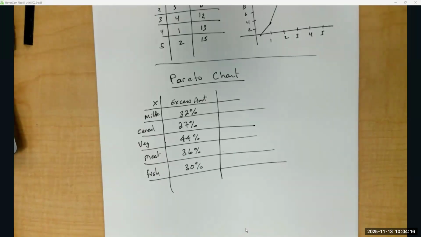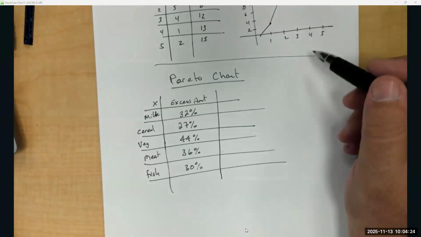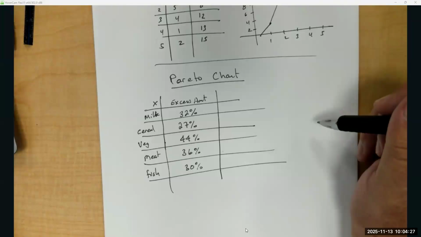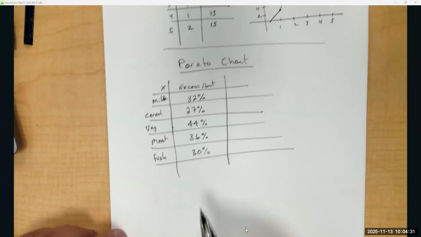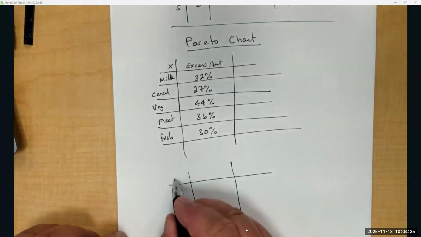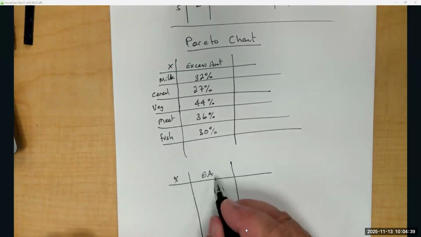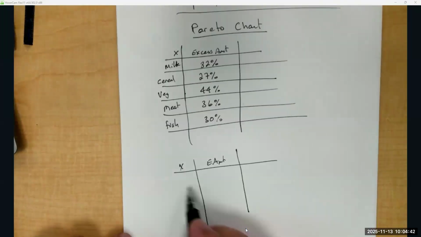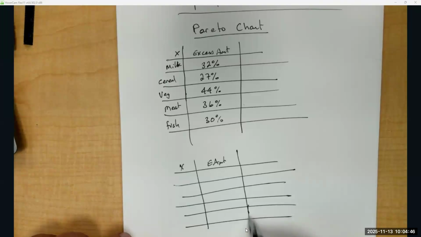A Pareto chart is just the opposite. Like you asked earlier, can we do it backwards? An ogive is an increasing graph. A Pareto chart is a decreasing graph. So what we would do is take this data set and start from the largest and go to the least.